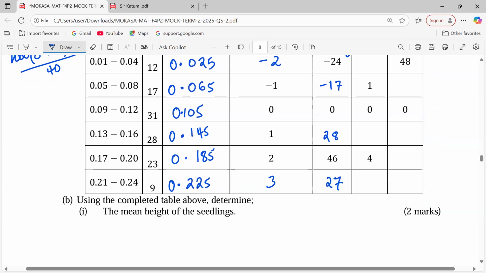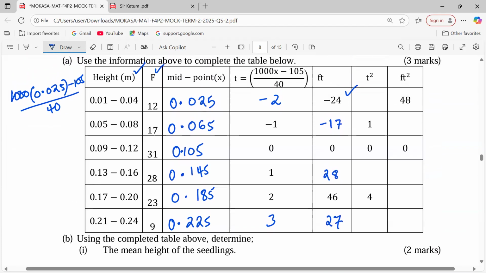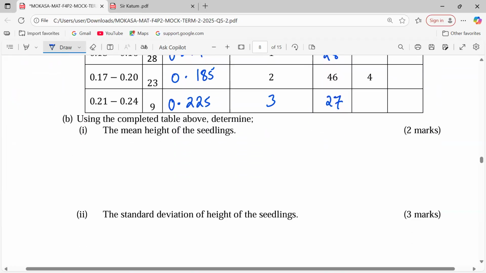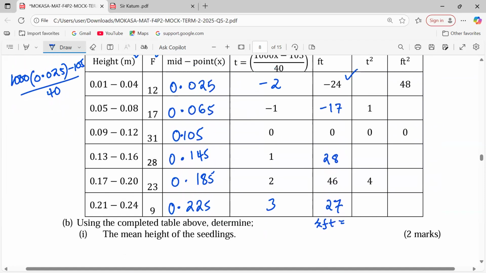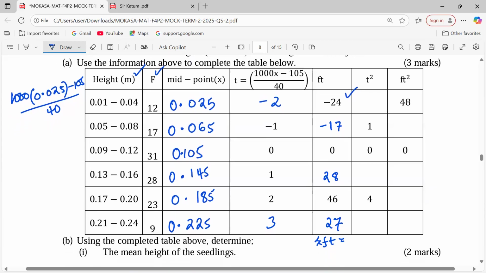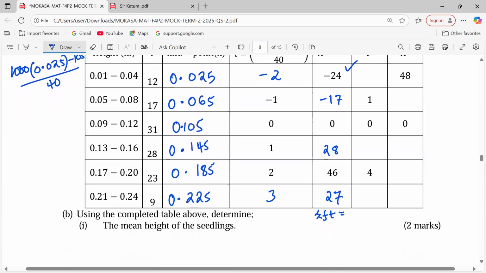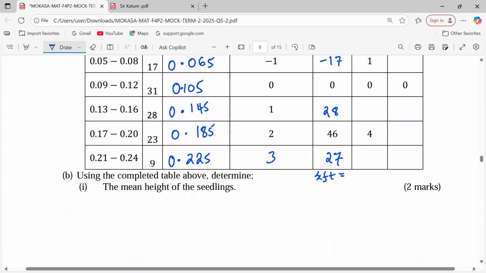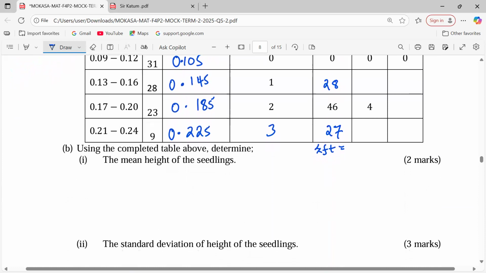So the summation of ft can be found. We add negative 24, negative 17, plus 0, plus 28, plus 46, plus 27. That gives us exactly 60.